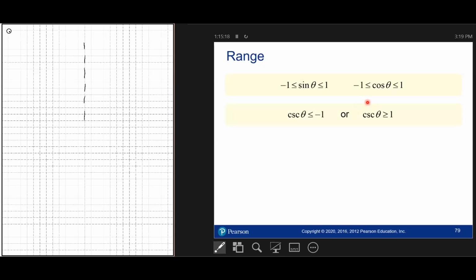I'm going to put in these lines here, and this is just going to be a generic look at what it's going to look like. And so if this is 1 and this is -1, then you're going to have this situation happening. Your graph is going to look like this.